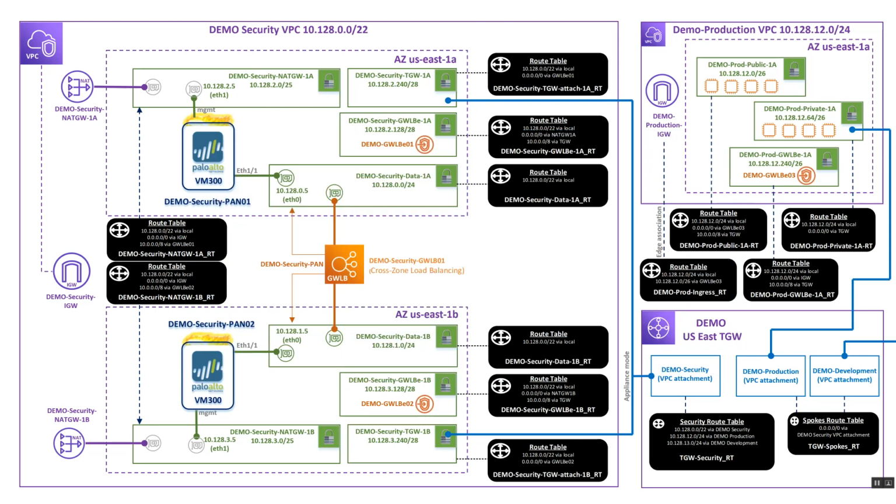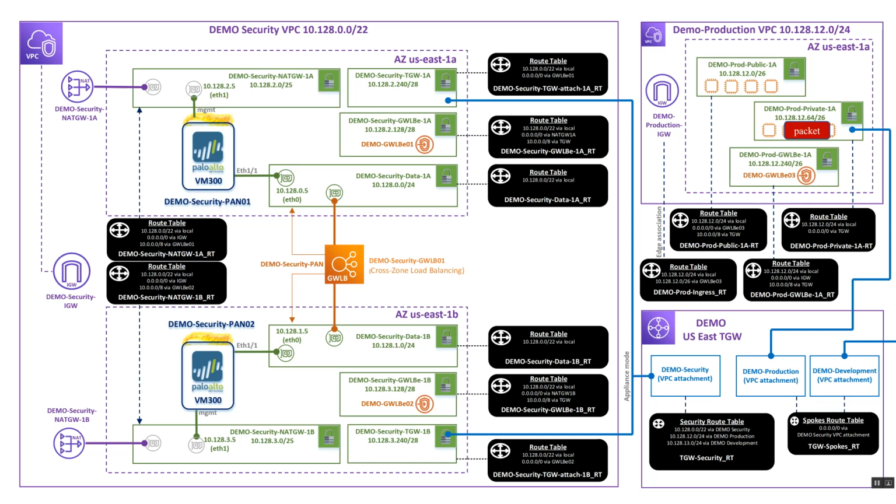Okay, so let's get our packet here. Our packet's going to begin at the prod private 1A. As I mentioned, outbound means, in this case, internal resources would want to communicate to external resources.